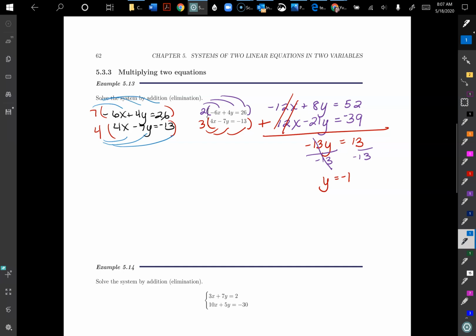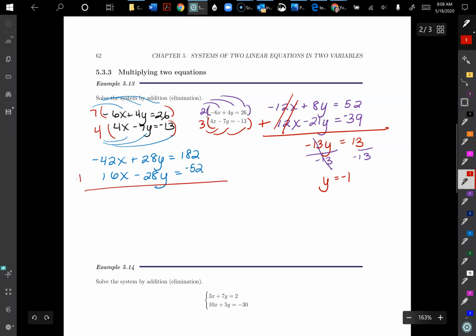So this will work out to be negative 42x plus 28y equals 182. Then on the bottom equation here, we have 16x minus 28y, which is what we're looking for there. And then 4 times the negative 13, we'll get negative 52.